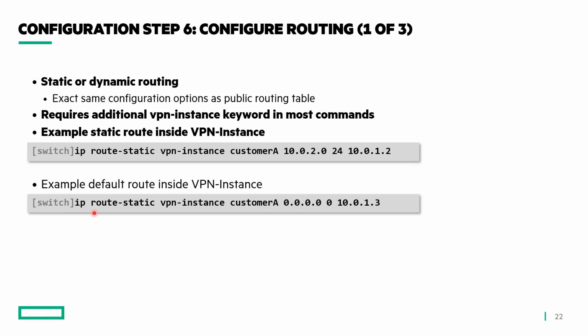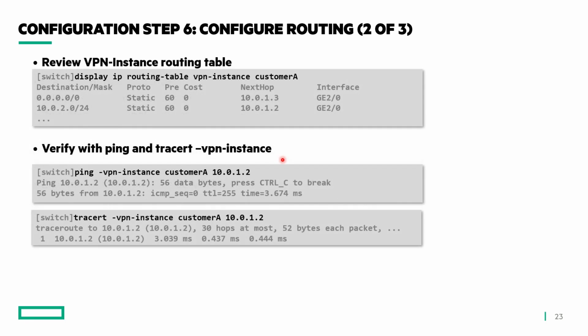Again, we can configure static routes. So IP route static from the VPN instance to go to that destination through that interface. And you can have a default route as well for that VPN instance. So customer A has that default route and that static route. You can verify that by display IP routing table for the VPN instance.